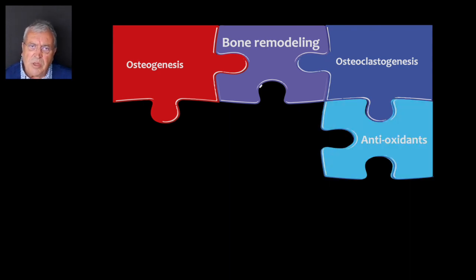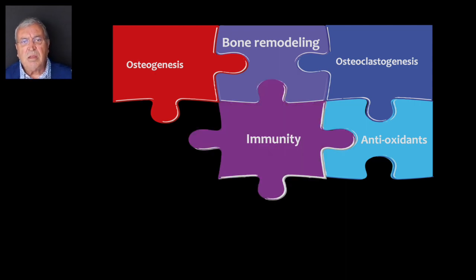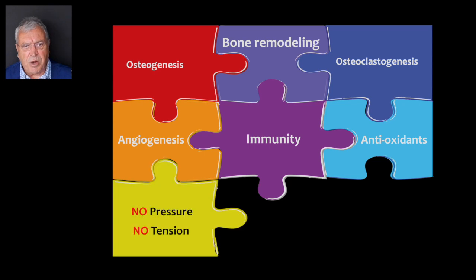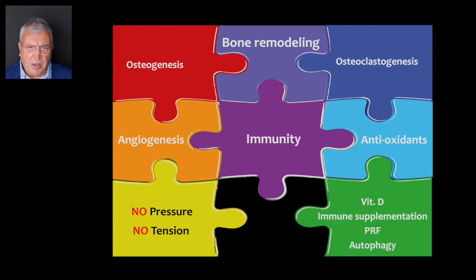Because with the antioxidant you will get the immunity, and with the immunity you will get the vessels. Simply. If you want to maintain the vessels, please don't kill them with pressure or tension. If you want to increase the antioxidant, I gave you the solutions: vitamin D, PRF, autophagy, physical activity.